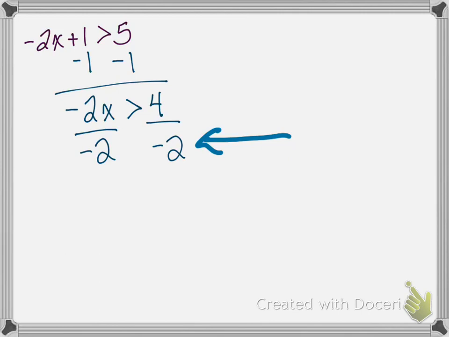Because the number that I am dividing both sides by is negative 2, that's when I have to reverse the inequality sign. So I've got greater than, I reverse it to make it less than. Okay? This is the number that matters right there. If that's negative, that's when you reverse the inequality sign. Okay? So let's graph it.